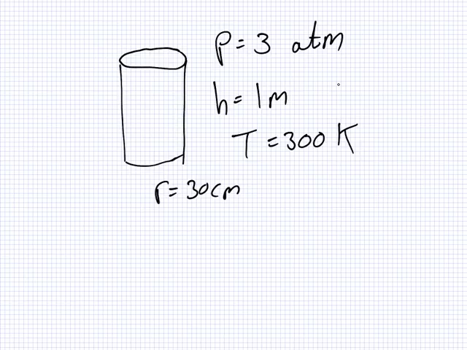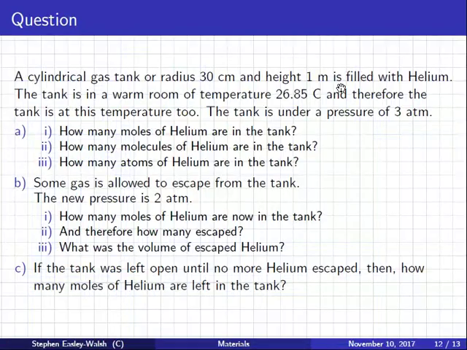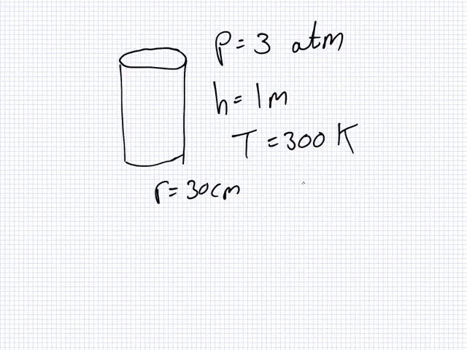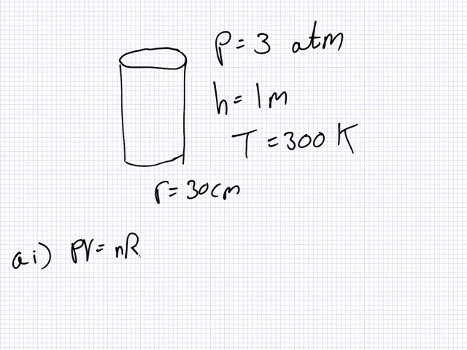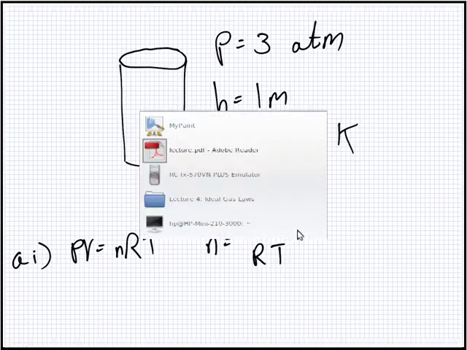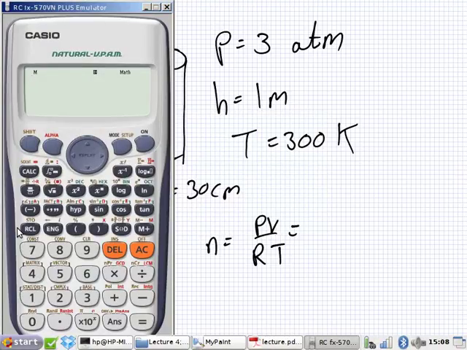And my first question is, how many moles of helium are there? So, this is A part 1. So you have PV equals nRT. So n is PV over RT. So if I just take out the calculator, the pressure is 3 times 101.325 kilopascals.